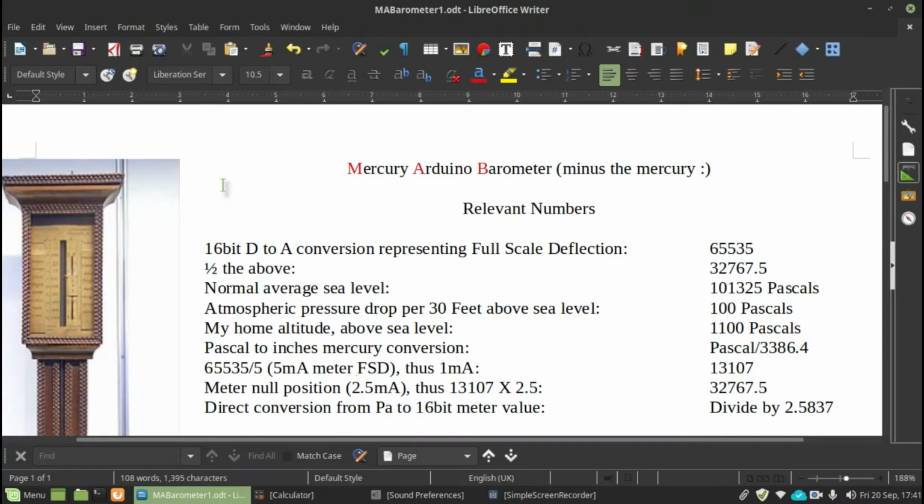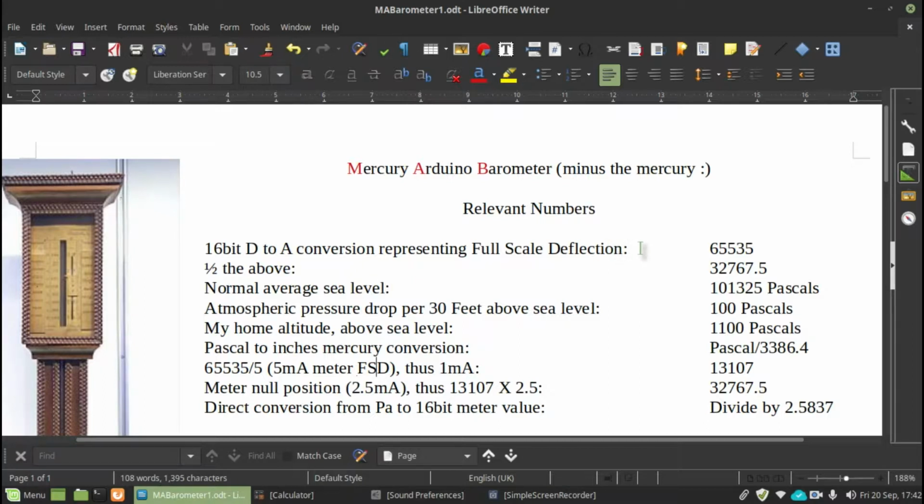And now, numbers relevant to my project, my barometer project. Before you is a list of numbers that are the principal numbers relevant to the project. At the top of the list is 16-bit D to A conversion representing full-scale deflection.